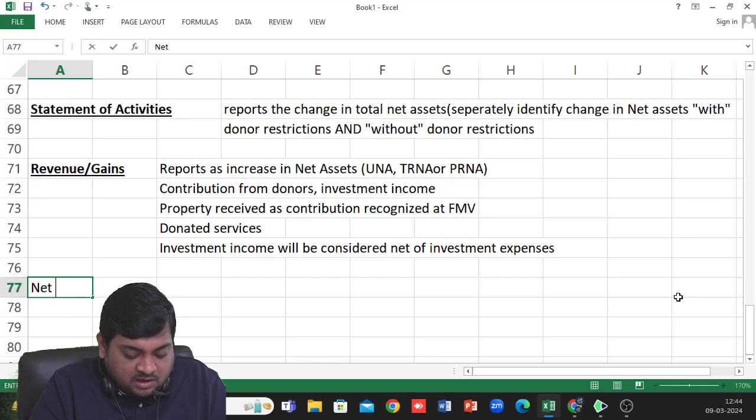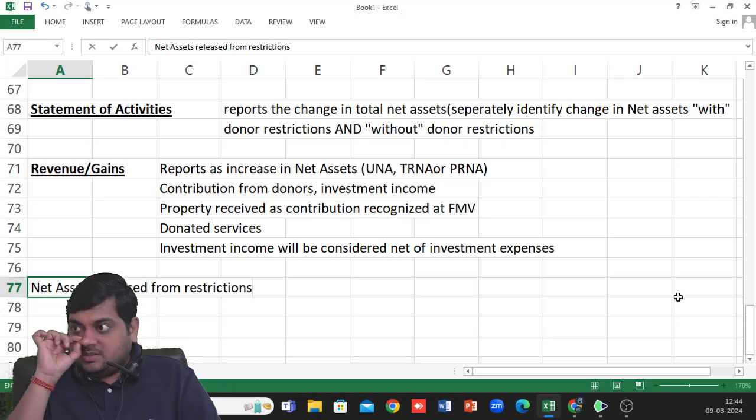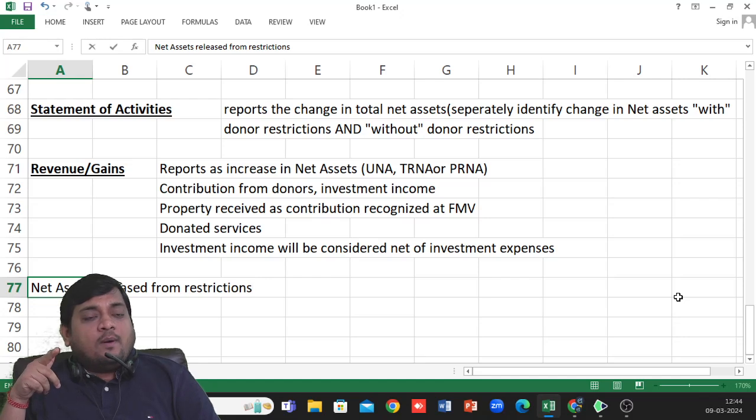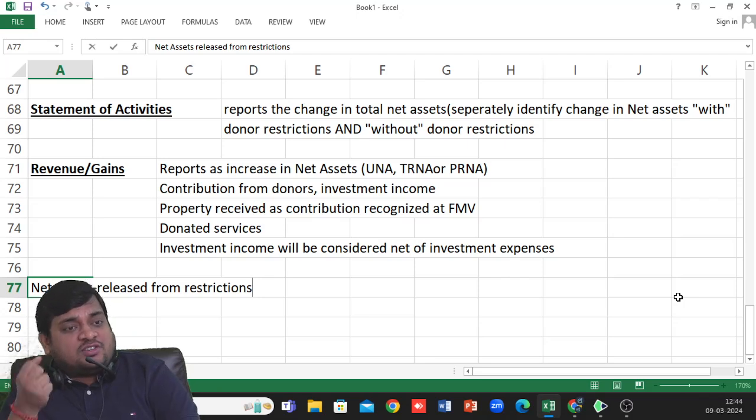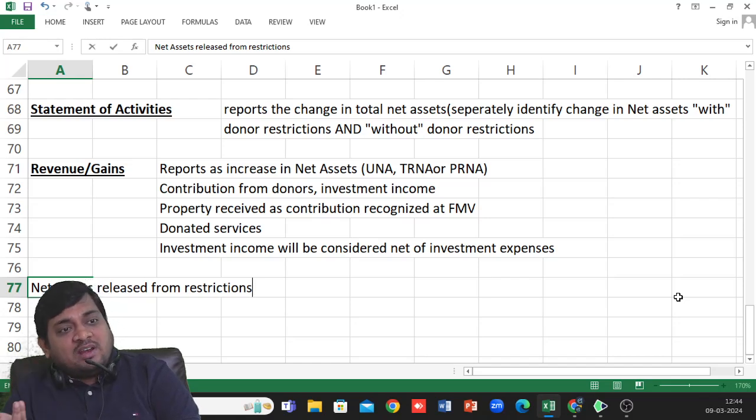Now there are some net assets released from restrictions. Like I already told you, there are some donor imposed restrictions that you need to use this money for cancer research or buying any equipment for eye testing. Once that purpose is over, from TRNA it moves to UNA, unrestricted net assets.